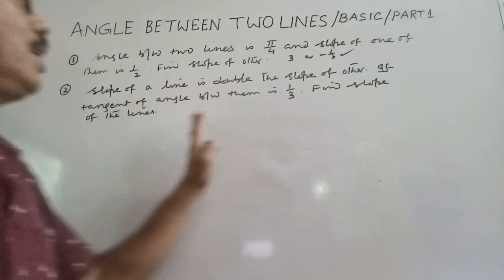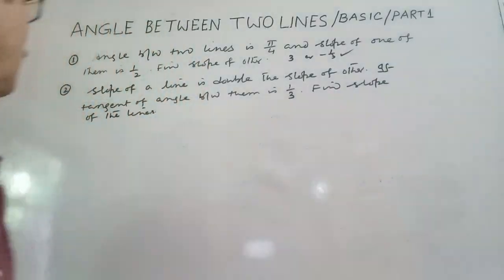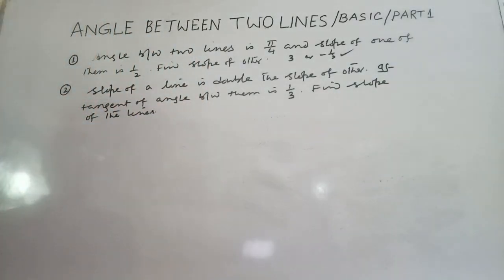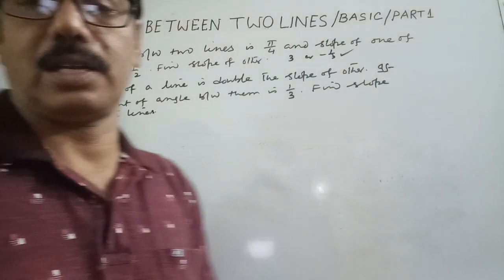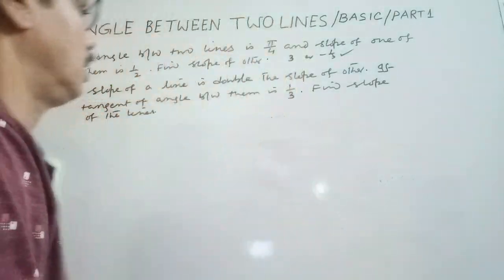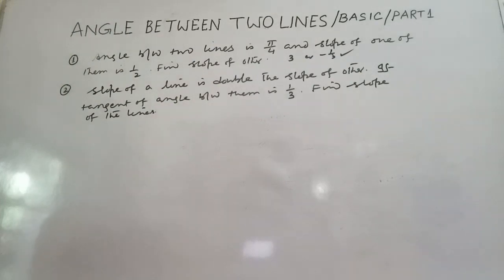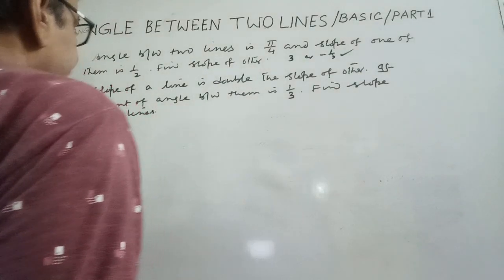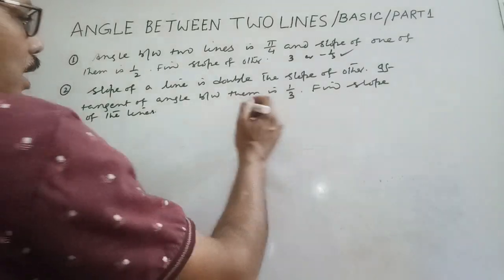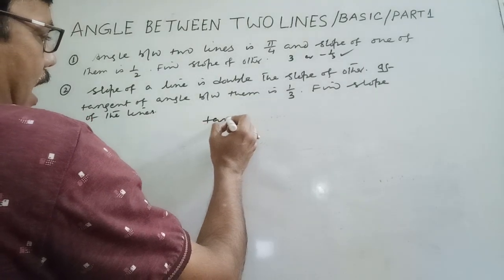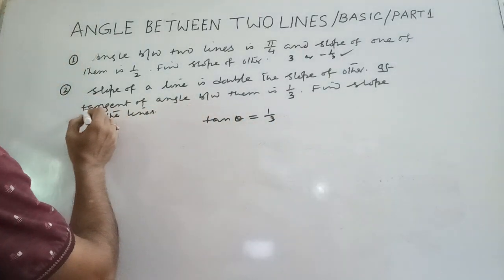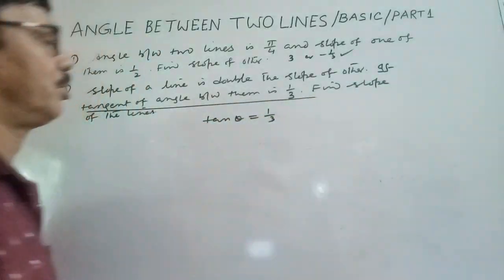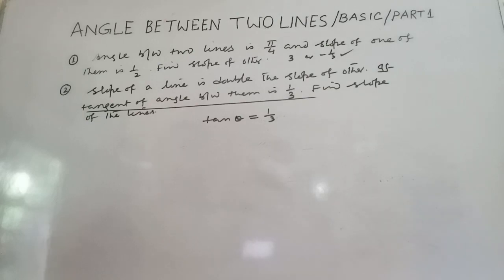The slope of a line is double the slope of the other. If the tangent of the angle between them is 1 by 3, find the slopes of the lines. Now look, it is given that tan theta equals 1 by 3.